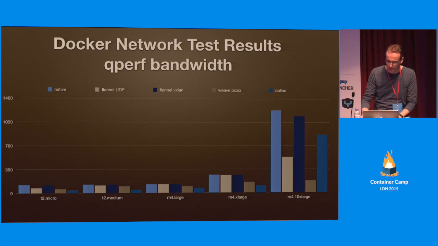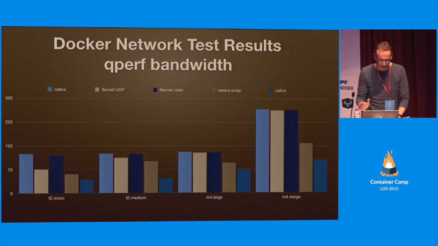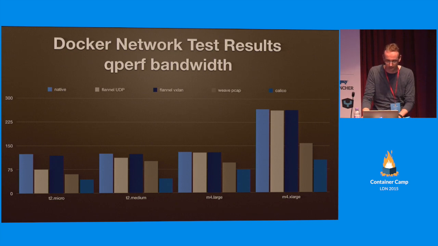If we zoom into the other instances, you notice that the results out of Flannel, both implementations are pretty close, and Weave is catching up with some of the virtual machines, but on the higher end, it's a bit behind.